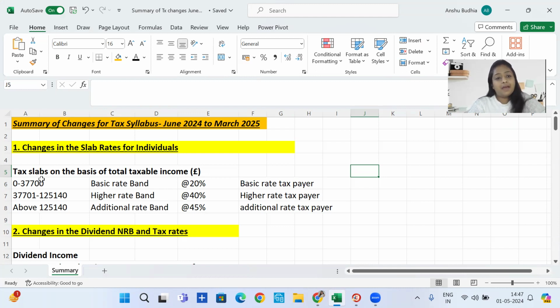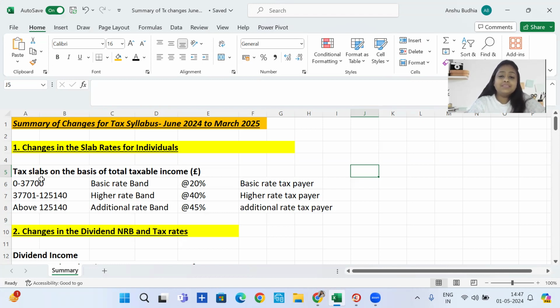The second rate band is now from 37,701 pounds till 125,140 pounds. This is the change that has taken place. The tax rate applicable for this slab is 40%, and we call this the higher rate band; the taxpayer is a higher rate taxpayer.